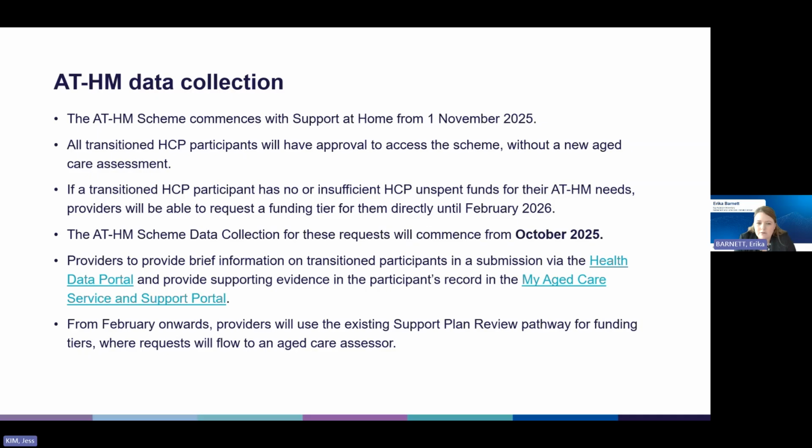So the scheme commences with supported home on 1 November, and all of our transition participants will have a deemed approval to access the scheme without going through a new assessment. But they can use that approval to access services through their unspent funds only. So if a transition participant doesn't have enough unspent funds, or they have no unspent funds, then providers are going to be able to request a funding tier for those clients directly with the department until February 2026.